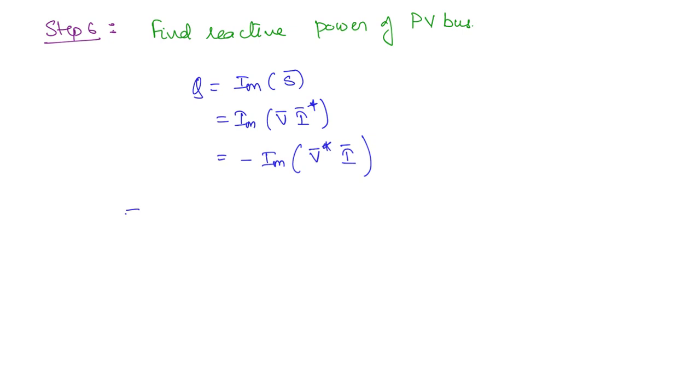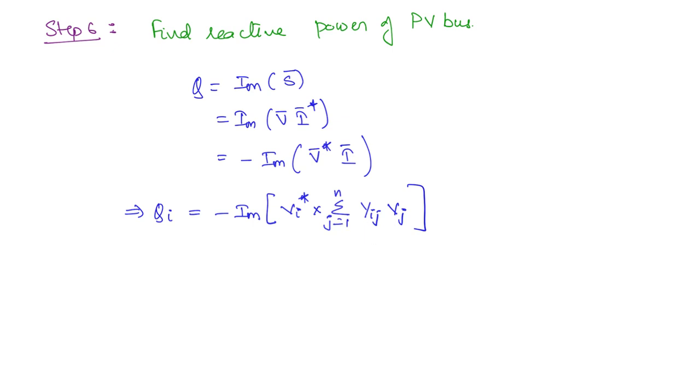So from here you can get the reactive power at the ith bus as minus the imaginary part of Vi conjugate into sigma j equals 1 to n Yij Vj. Instead of the current, we are writing the expression in terms of this summation.